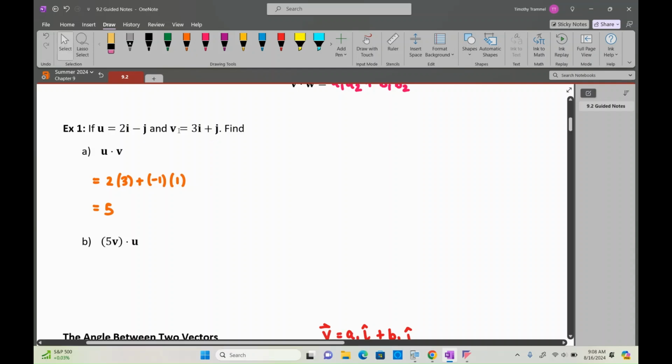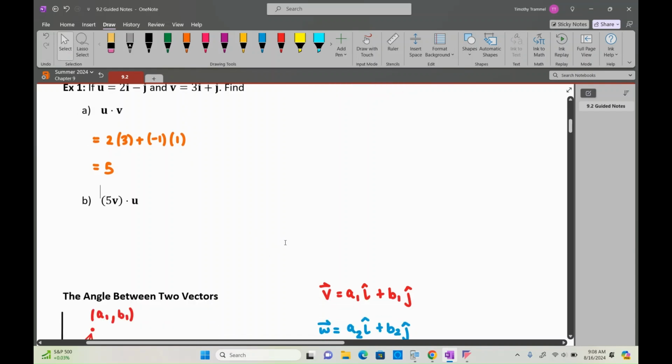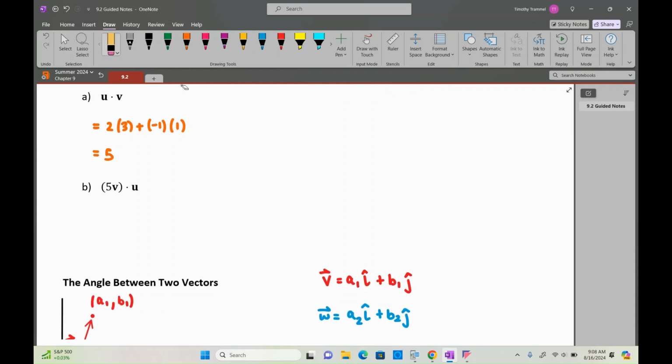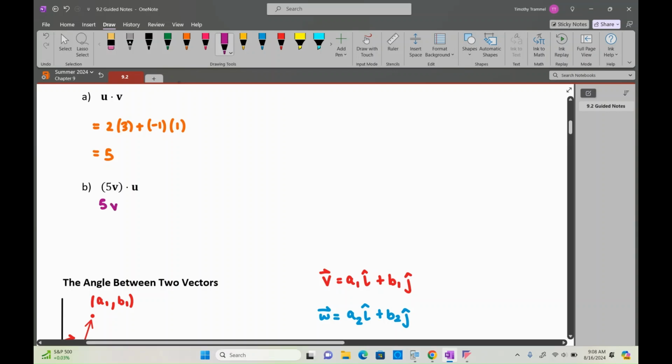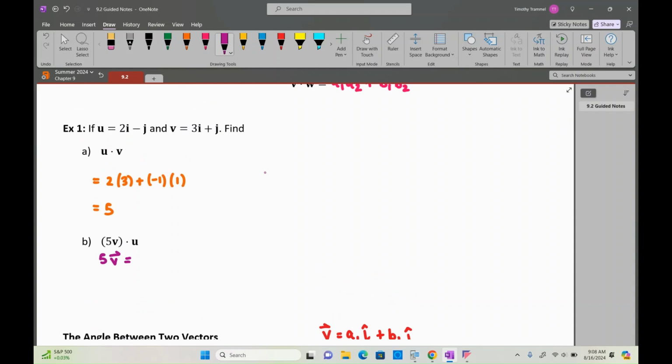Let's try another one of these out. Let's try this 5 times v and then dotted with u. So the first thing I want to do is actually compute 5v. And so we know how to multiply scalars by vectors. We just are going to multiply each component of v by 5.